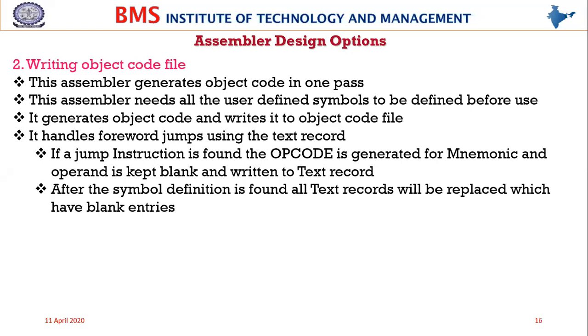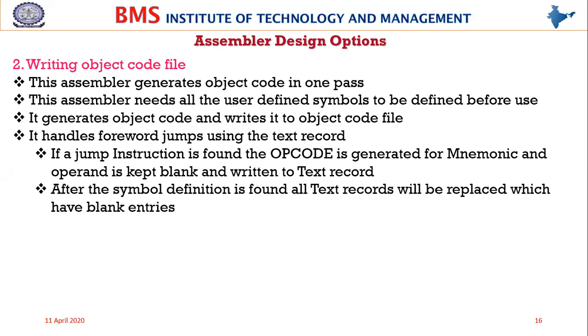This we have seen already. Something like O EQU 50, where O is a user-defined symbol whose value is 50. I can also write O EQU A plus B, wherein A is a variable that may or may not be declared, and B is a variable that may or may not be declared.